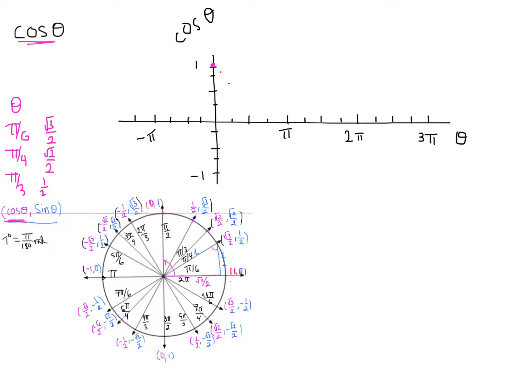If I split this up into thirds, this might be 1/3, 2/3, 3/3. Then we have pi over 2, which is half of pi, right there. That's going to be exactly 0.